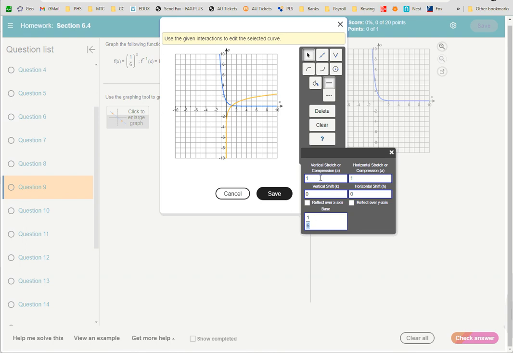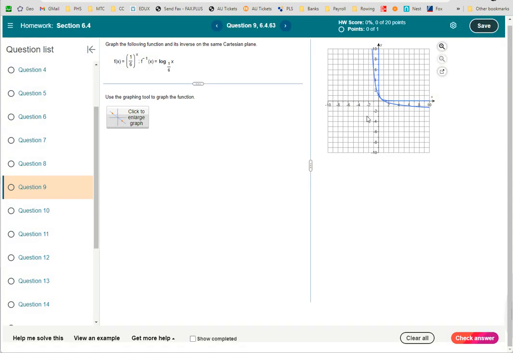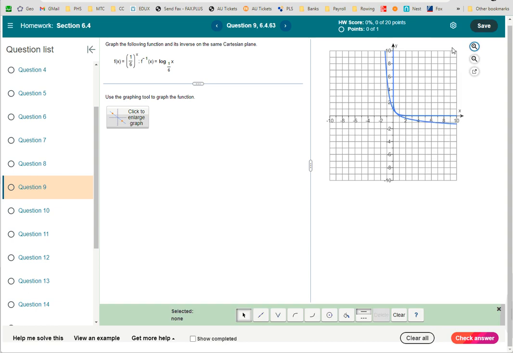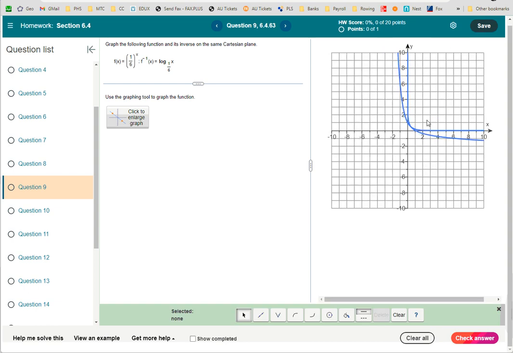Now, if I needed to do any stretches or compressions or shifts one way or the other, or some reflections, I can do those in here with the menus. All I have here is a basic graph. So I have both of those on here. What's interesting is if I blow this up, they're very, very similar to each other. This is one of the items I've gotten questions about in the past from students: it looks like I have the right graphs, so what have I done?